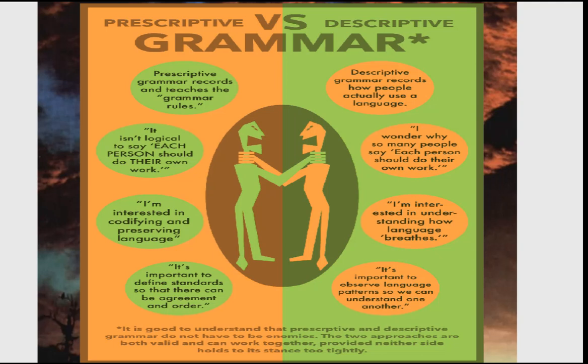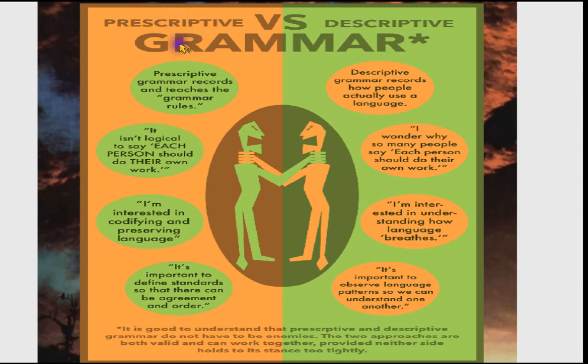Basically, what we have is prescriptive grammar versus descriptive grammar. Think about prescriptive grammar as what follows the rules. Okay, imagine when you go to a doctor and you feel sick, he says, okay, you have to take these pills, take one every 8 hours. So there's a prescription, you have to follow it.